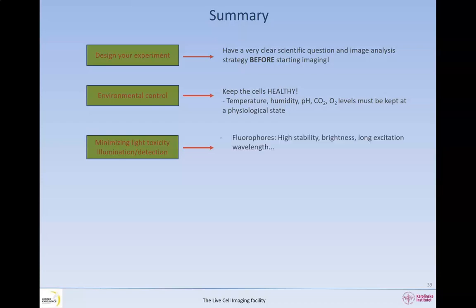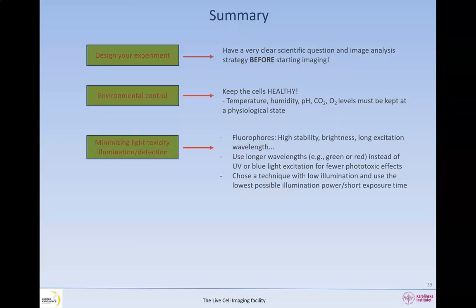Choose fluorophores with high photostability, brightness, and which work well with your filters at your microscope of choice. Use longer wavelengths, for example green or red, instead of UV or blue light excitation for fewer phototoxic effects. Choose a technique with low illumination and use the lowest possible illumination power and short exposure times.